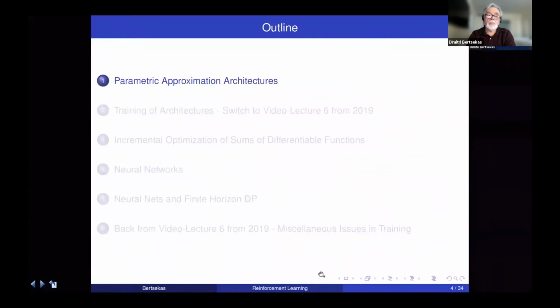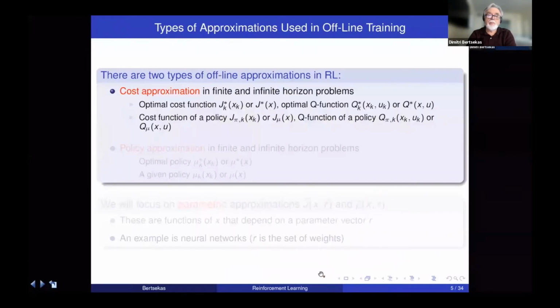So let's talk about parametric approximation architectures in general. There are two types of things that we want to approximate in reinforcement learning. One is to approximate costs in either a finite or an infinite horizon setting.